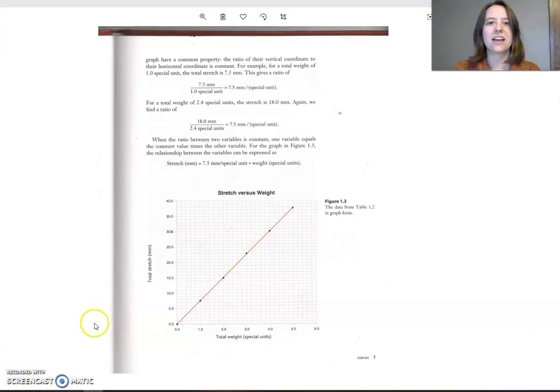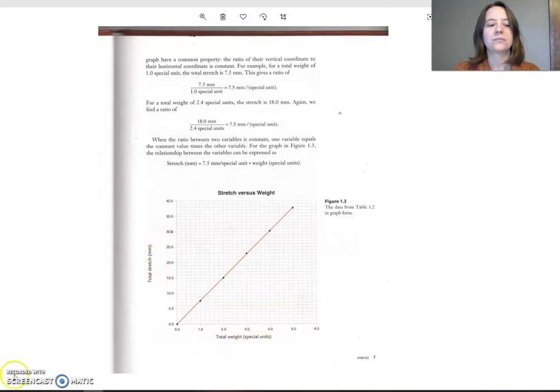Great, let's see that on the graph. We can see in the graph it's stretch versus weight, and when we add 1 unit of water weight, which is about the weight of 150 milliliters of water, it stretches 7.5 millimeters.